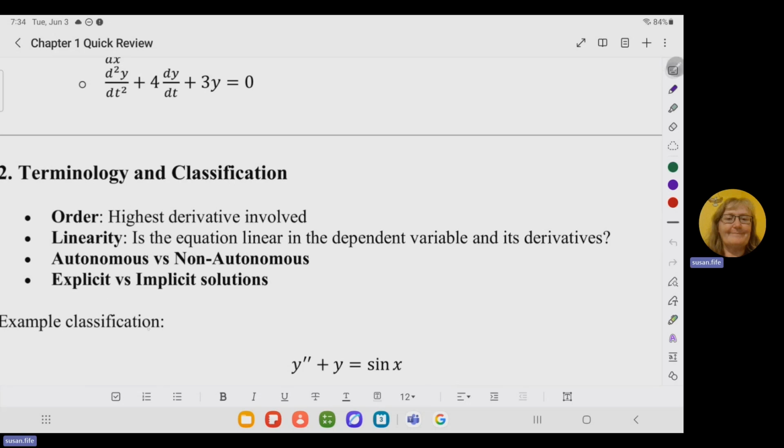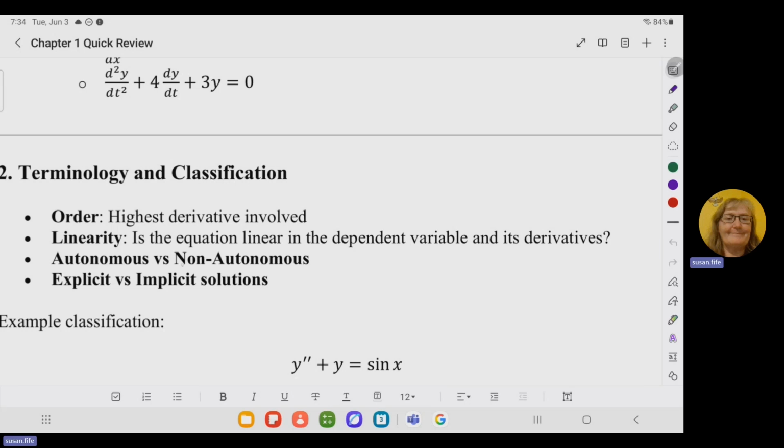And homogeneity should be here too. An equation is homogeneous if every term in the equation contains the dependent variable. If you have a term that contains the independent variable only, then it's non-homogeneous.